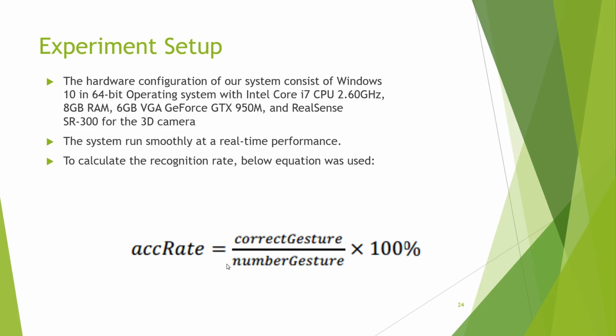The system runs smoothly in real time at around 40 to 50 frames per second. To calculate the recognition rate, the equation below was used: basically the number of correct gestures divided by the number of gestures performed, times 100%.